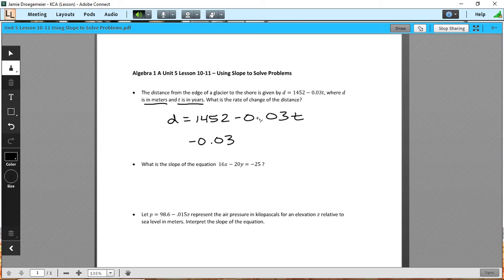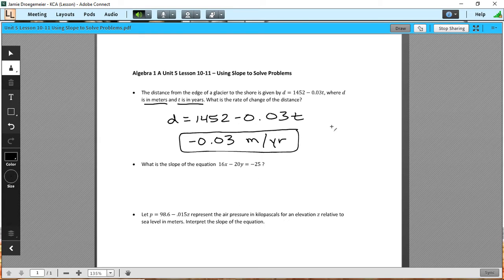That's going to be our slope, or our rate of change, how it's changing. And it's changing in meters per year. So that distance each year is getting smaller by 0.03 meters, getting closer to the shore. So that would be our rate of change in that one.